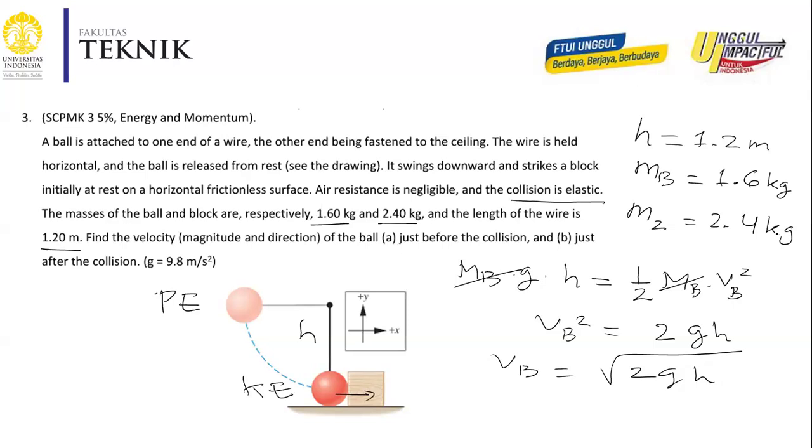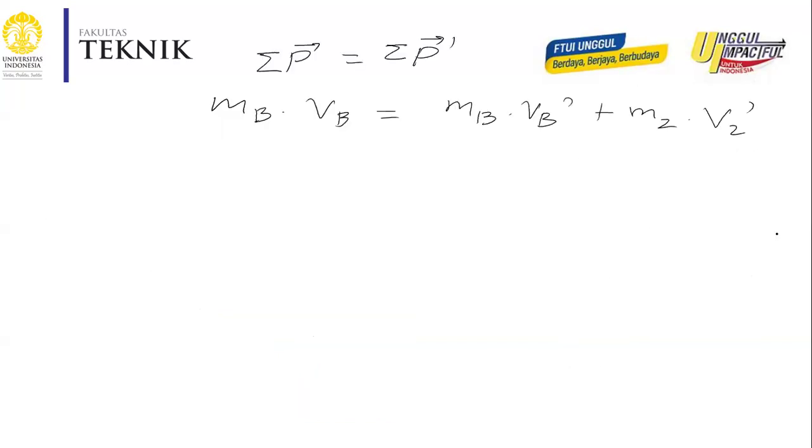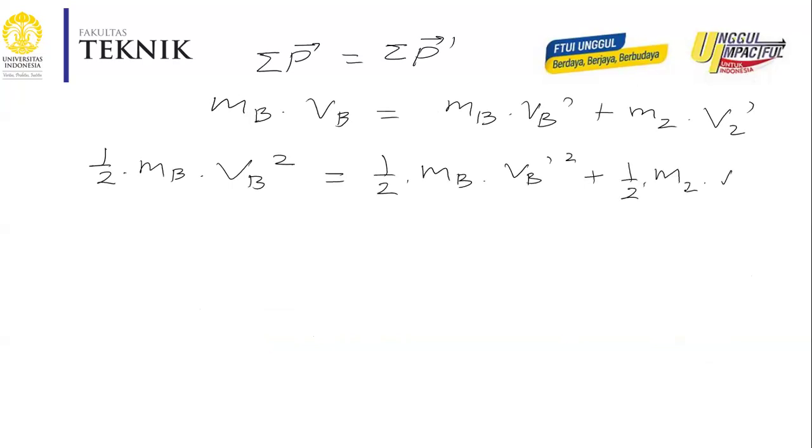We can find the initial velocity of the ball and then the final velocity of ball after collision. So because this one is elastic collision, we can say that the half of mass ball and then velocity of ball square, it will be equal to half of mass the ball VB prime square plus half of mass block and then V prime of blocks.